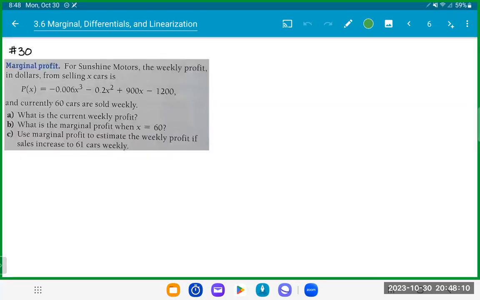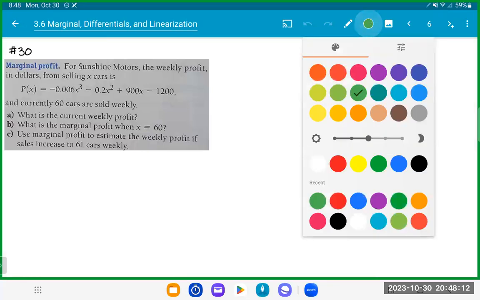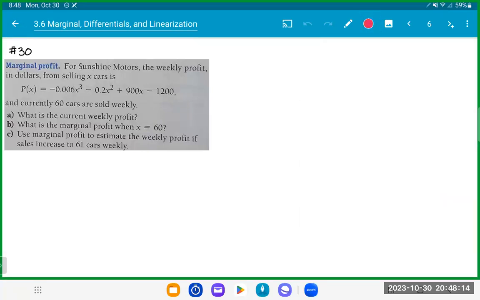All right, let's look at our last example here. Our last example is we're looking at marginal profits, and we want to do this for Sunshine Motors. They have a weekly profit in dollars for selling x amount of cars, and that formula is given to us as P of x.